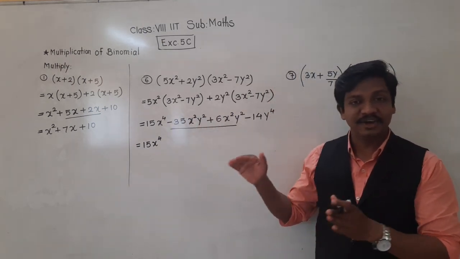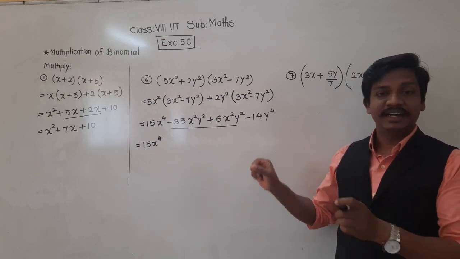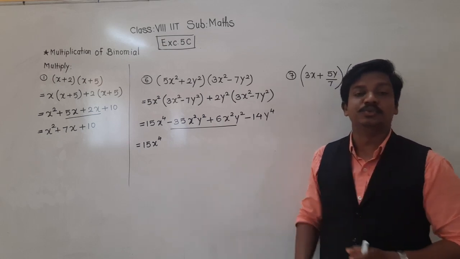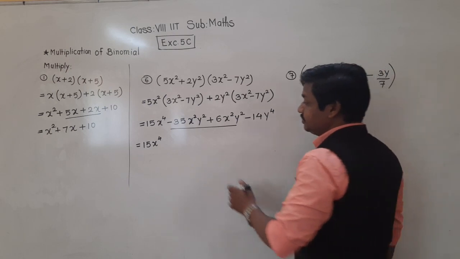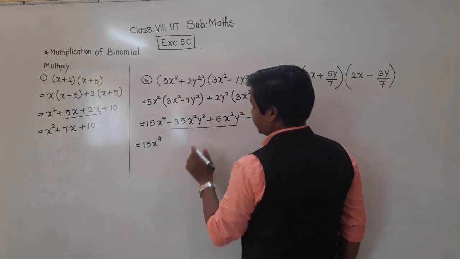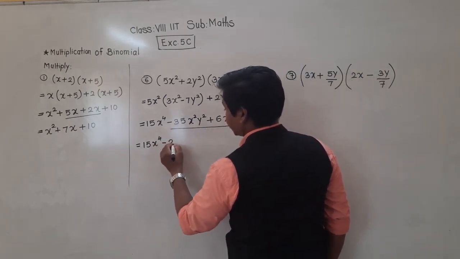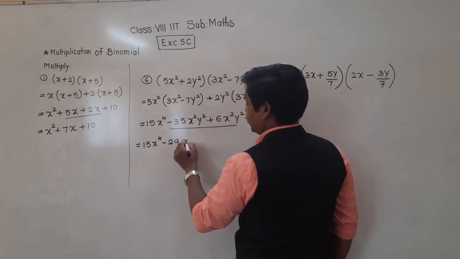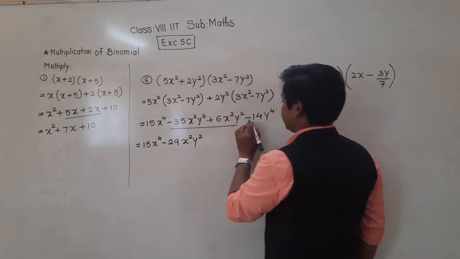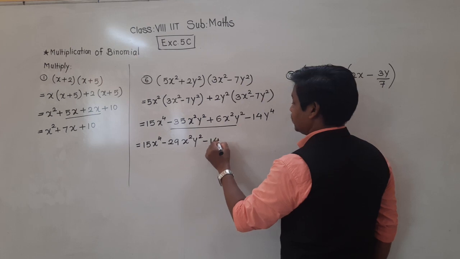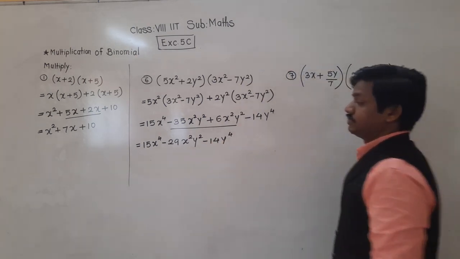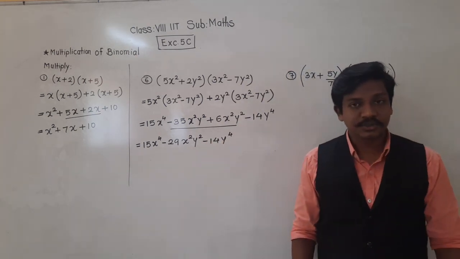When we add or subtract, we have to add or subtract only the numerical coefficients. Okay. So minus 35 plus 6 is minus 29 x square y square minus 14 y raised to 4. This is your answer. Understood?